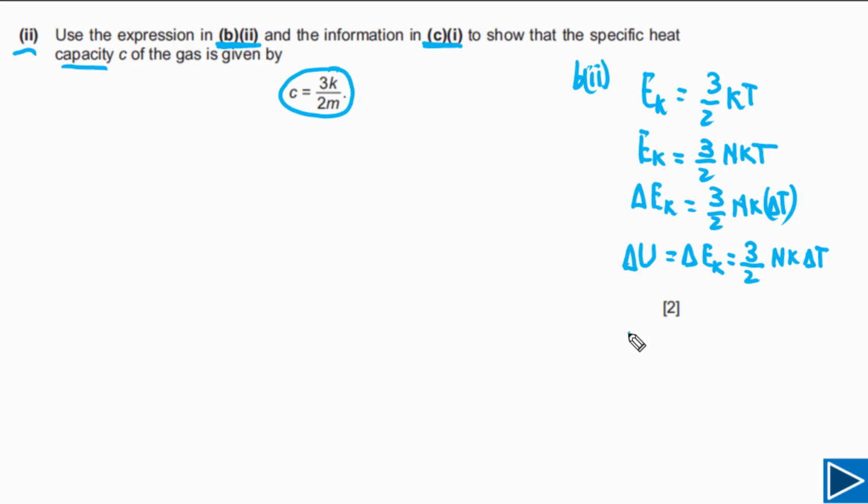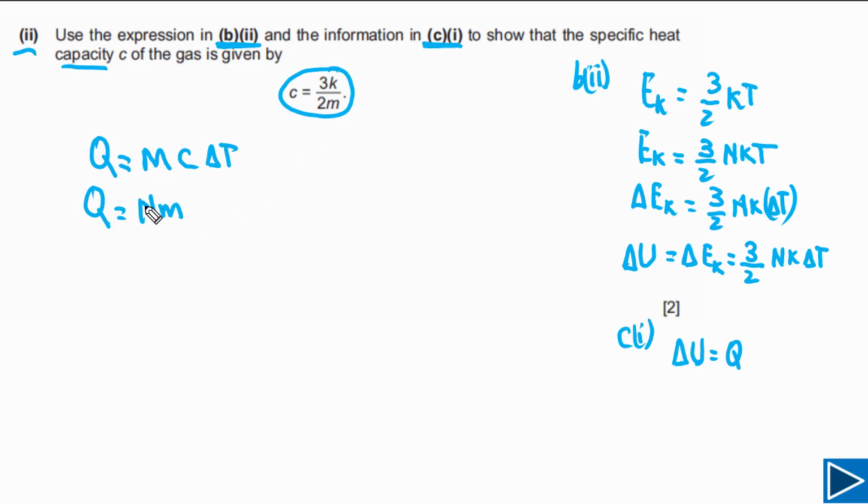In part C1 we have discussed that delta U is equal to Q. Now we have to use this information to derive this formula. So first of all, we will start from Q is equal to mass of the gas times C times delta T. M is the mass of the gas. That mass of the gas we have to write down in this form, means capital M is equal to N times small m, because in the final expression we need mass of single molecule.